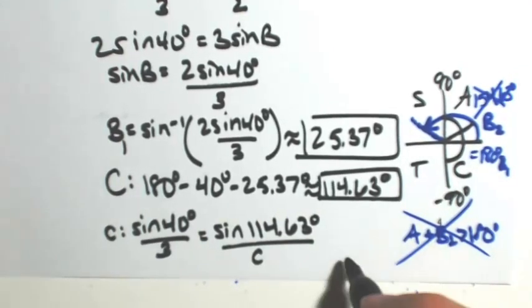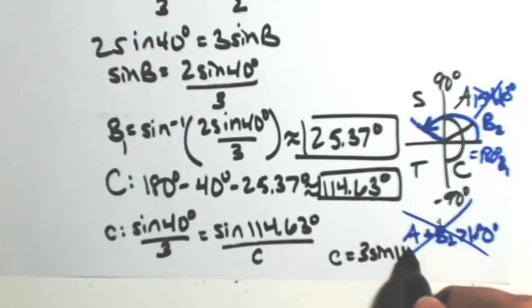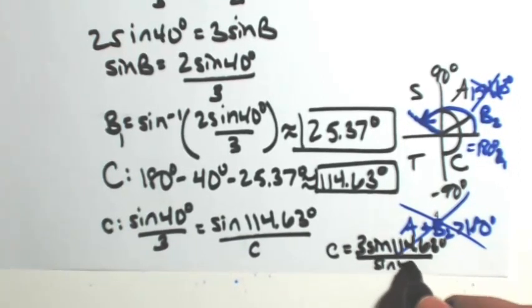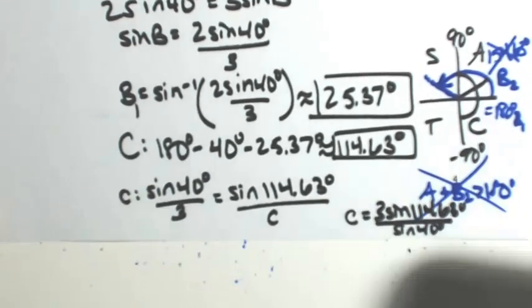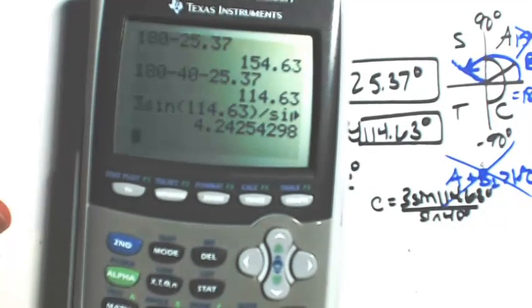Then solving for C, cross multiplying and then dividing, C would be 3 sine 114.63 degrees over the sine of 40 degrees, or about 4.24.